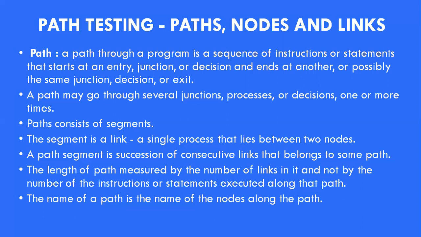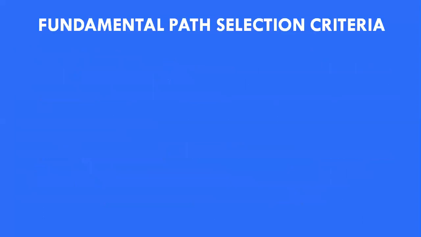Now let us see the fundamental path selection criteria. There are many paths between the entry and exit of a typical routine. Every decision doubles the number of potential paths, and every loop multiplies the number of potential paths by the number of different iteration values that are possible for the loop.